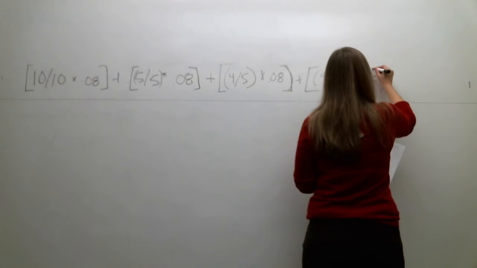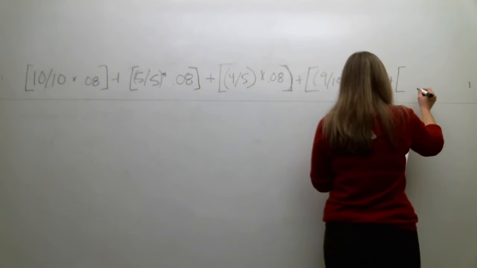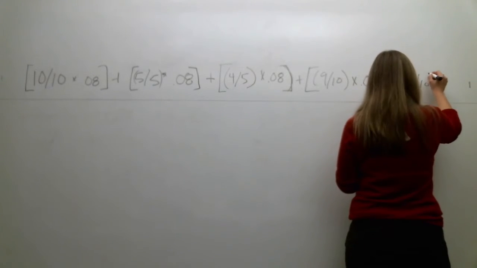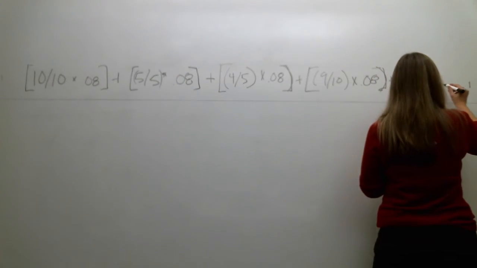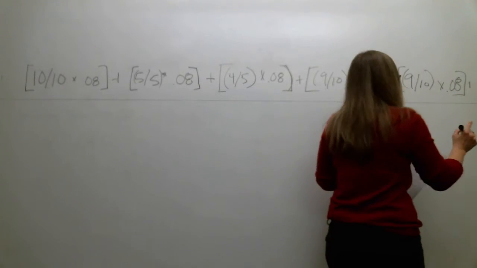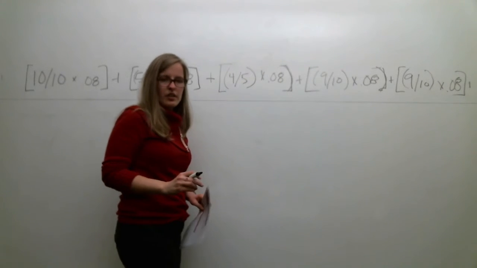And then another one of those. However, I have a little bit more to add into here because remember, it's not just a quiz grade I want to take into account.